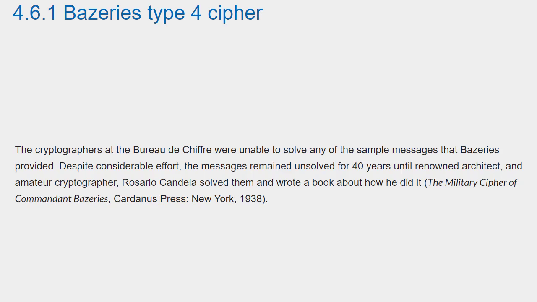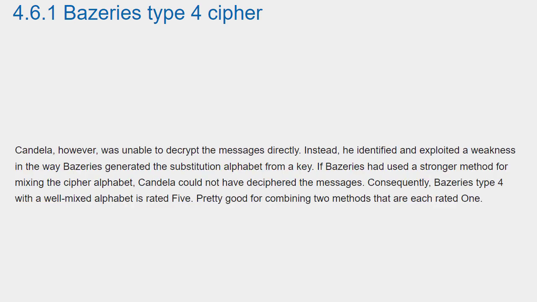The cryptographers at the Bureau des Chiffres were unable to solve any of the sample messages that Bazary provided. Despite considerable effort, the messages remained unsolved for 40 years, until renowned architect and amateur cryptographer Rosario Candela solved them and wrote a book about how he did it, The Military Cipher of Commandant Bazary. Candela, however, was unable to decrypt the messages directly.